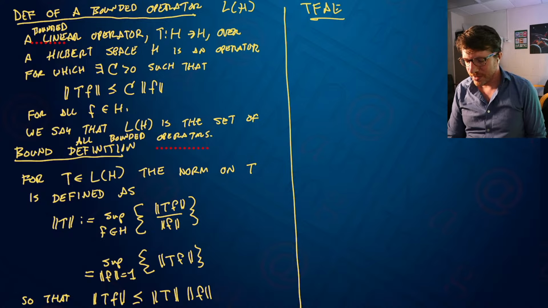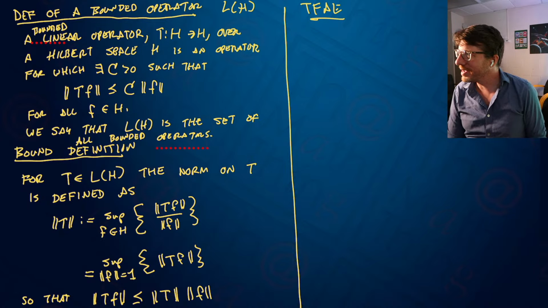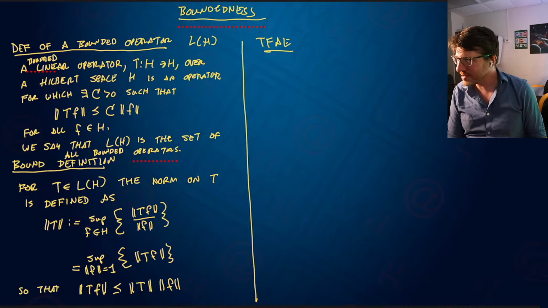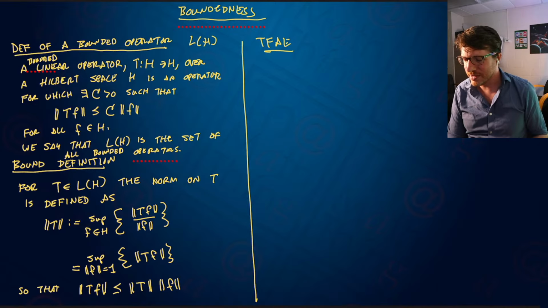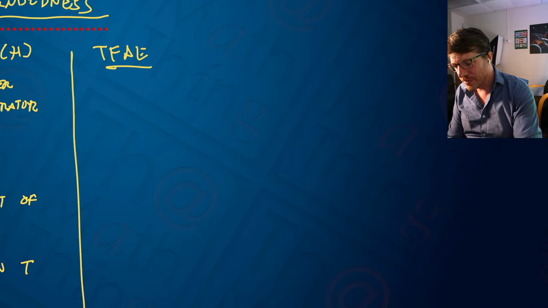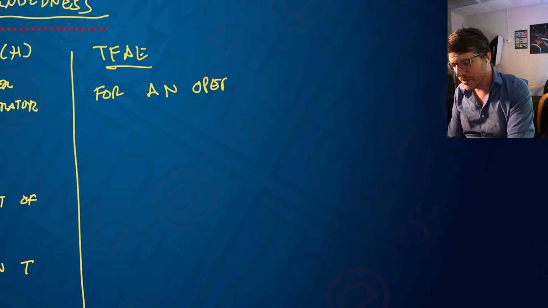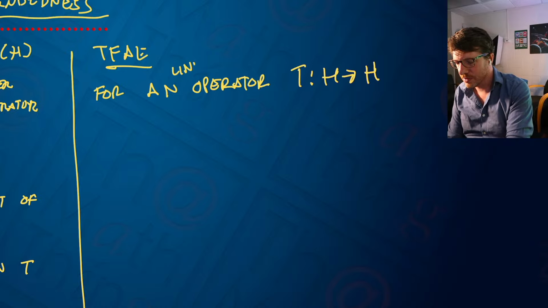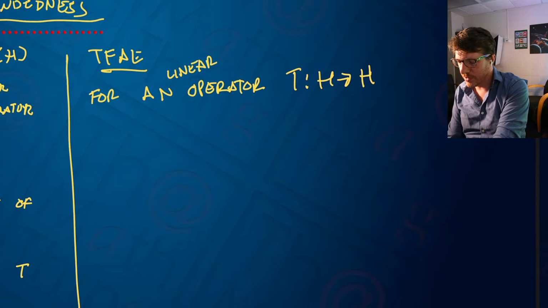Okay, so after an hour of this, we've gone through what boundedness is. I don't have a whole lot of time, but what I can do is go ahead and prove the following equivalent statement. For a linear operator T going from H to H, the following are equivalent.